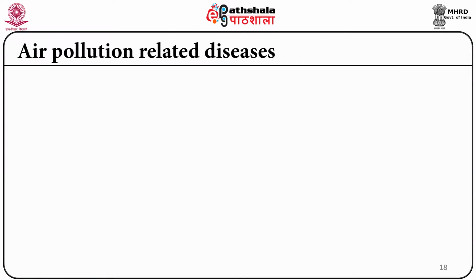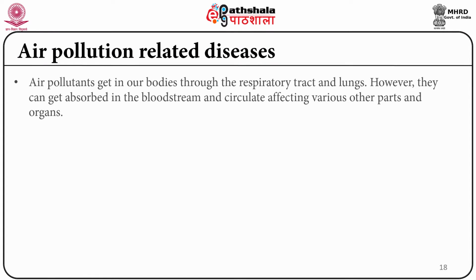What are the air pollution-related diseases? Air pollutants get into our bodies through the respiratory tract and lungs. However, they can get absorbed in the bloodstream and circulate, affecting various other parts and organs.